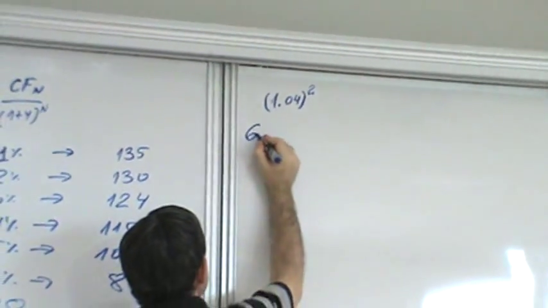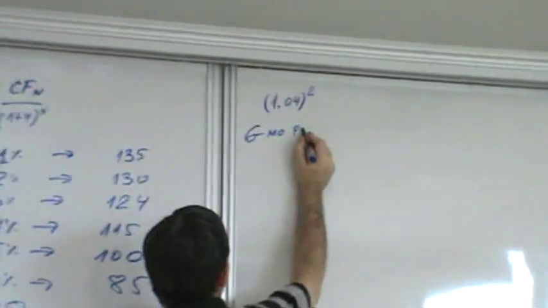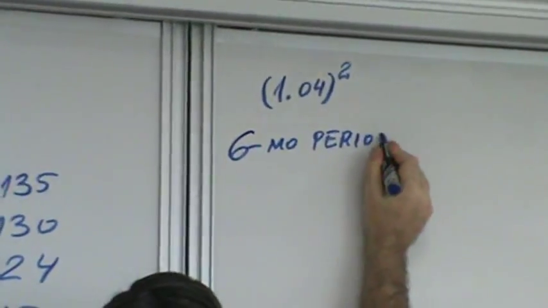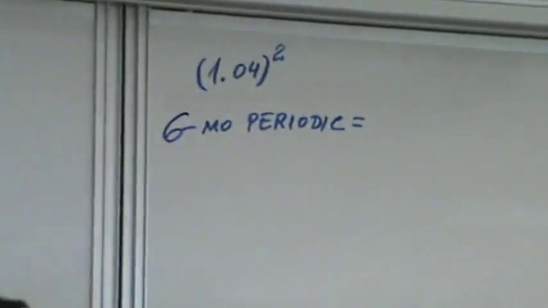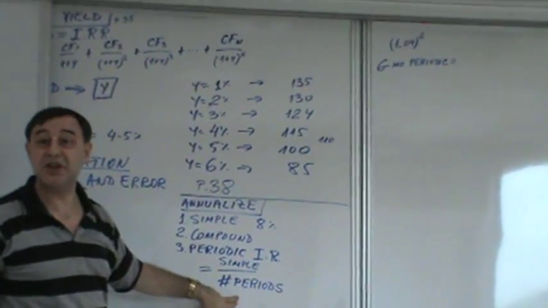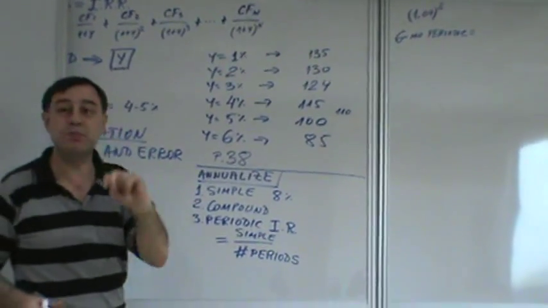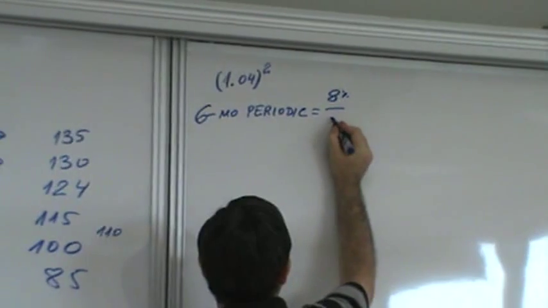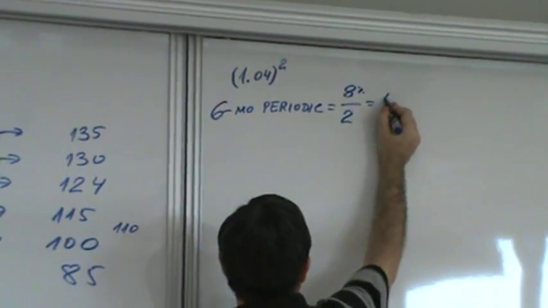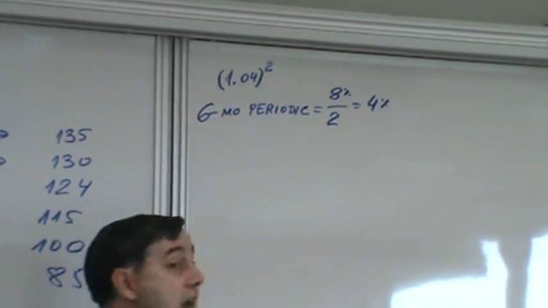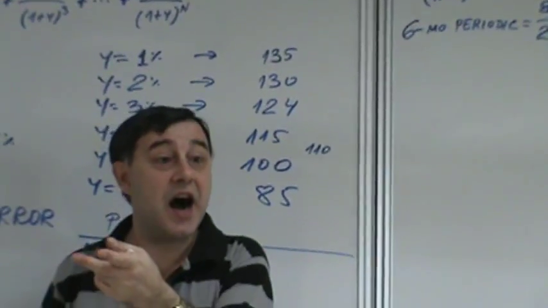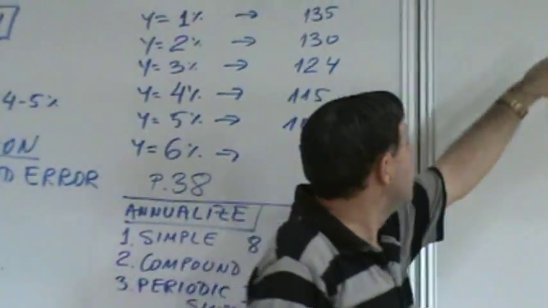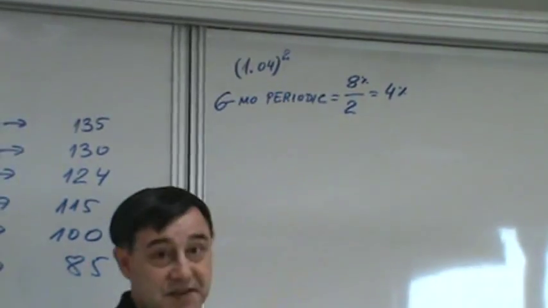So the 6-month periodic rate is simply 8% divided by 2, because you have 2 periods. And because I assume 2 periods, this is 4%.